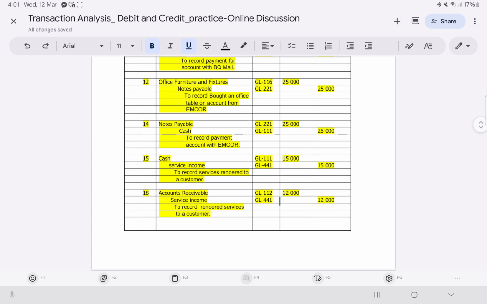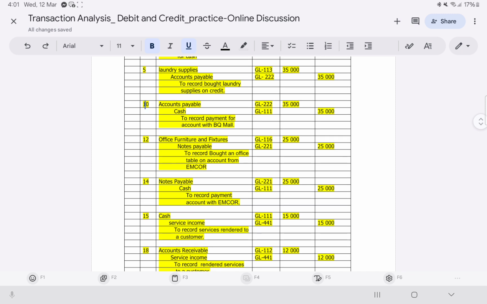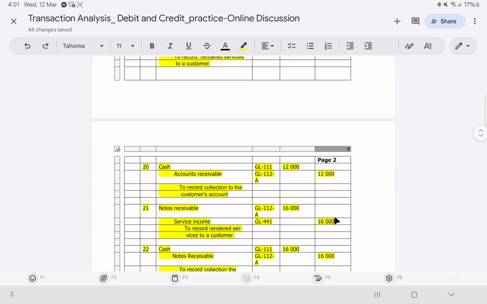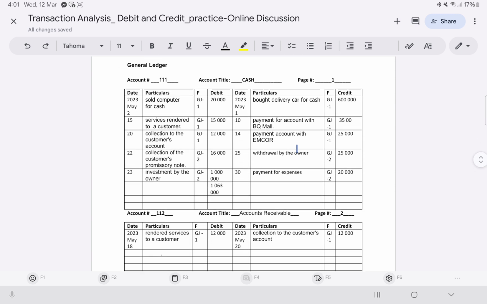So our amount is not correct. This is 35,000. When I posted it to the general ledger, this cash credit was 3,500. So this is not 3,500, this is 35,000, so add a zero.